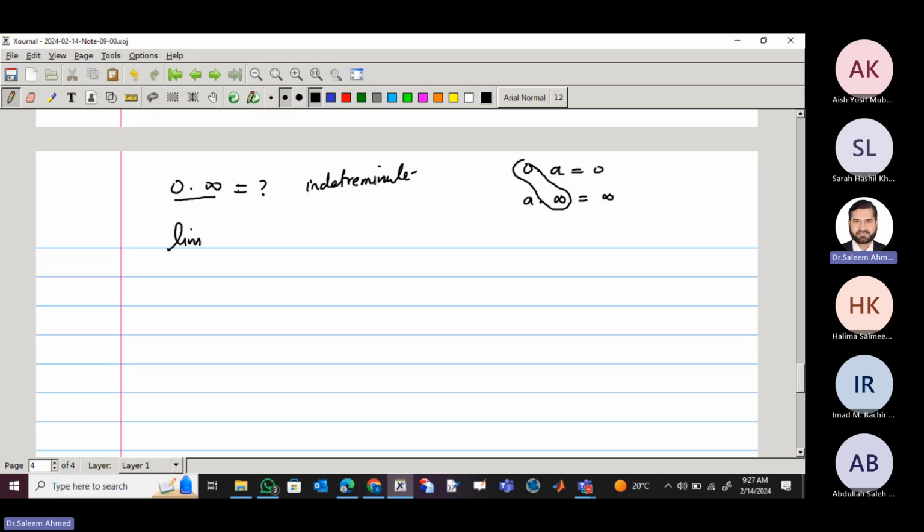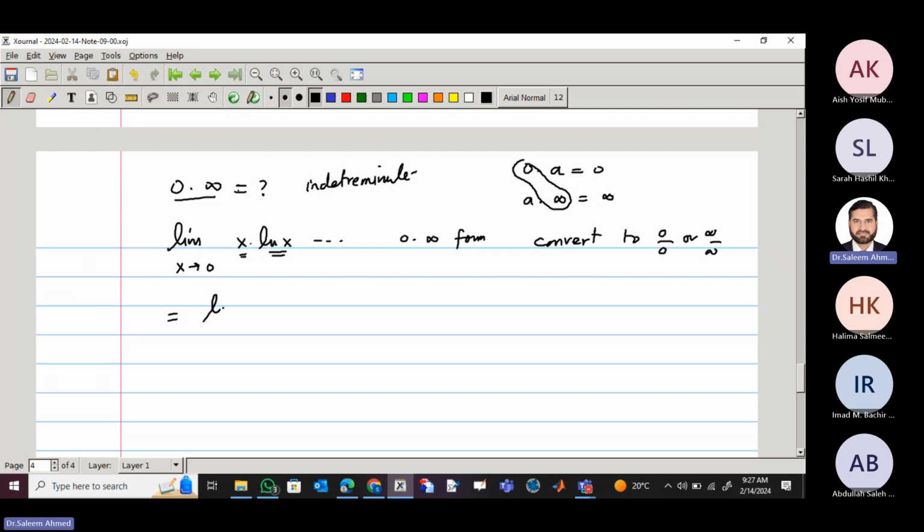Like if I take limit x goes to 0, x into log of x. You know that x goes to 0, but log of 0 is infinity, right? So this is 0 into infinity form. But I do not have any rule for that. So I have to convert this to either 0 by 0 or infinity by infinity form.